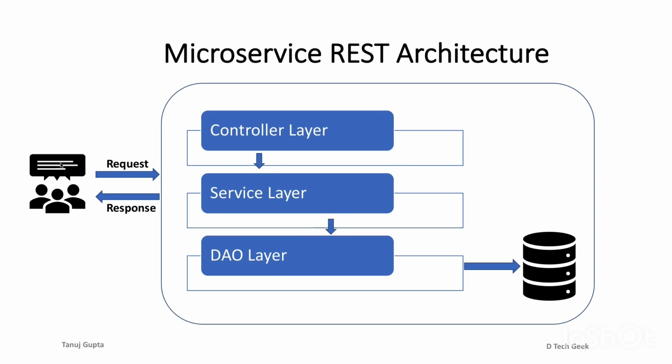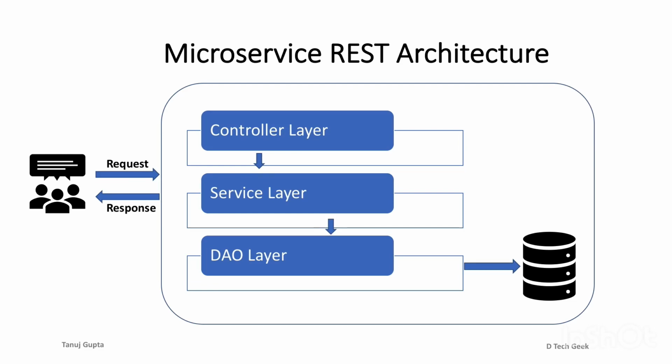Now coming to the microservice REST architecture. Let's say we have a bunch of clients and they try to interact with this account microservice. So how does data flow from one layer into another layer? As soon as any request falls onto this microservice, it goes to the controller layer, and then this layer passes the request to the service layer. All the application logic is bundled over here.